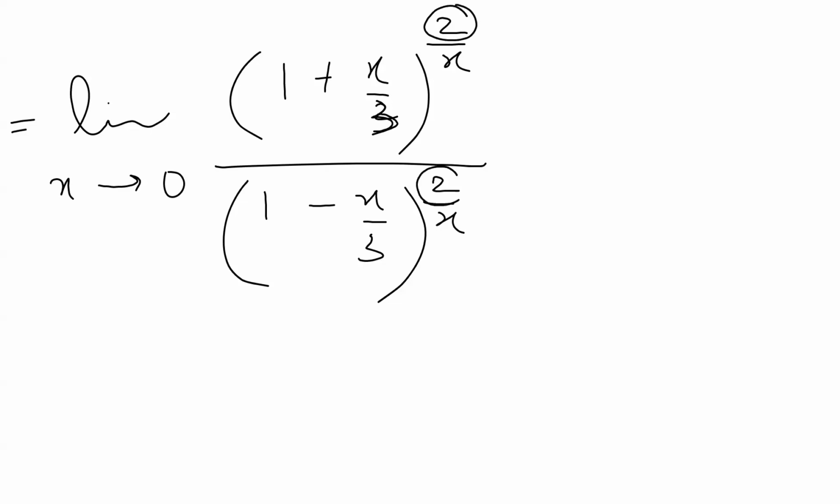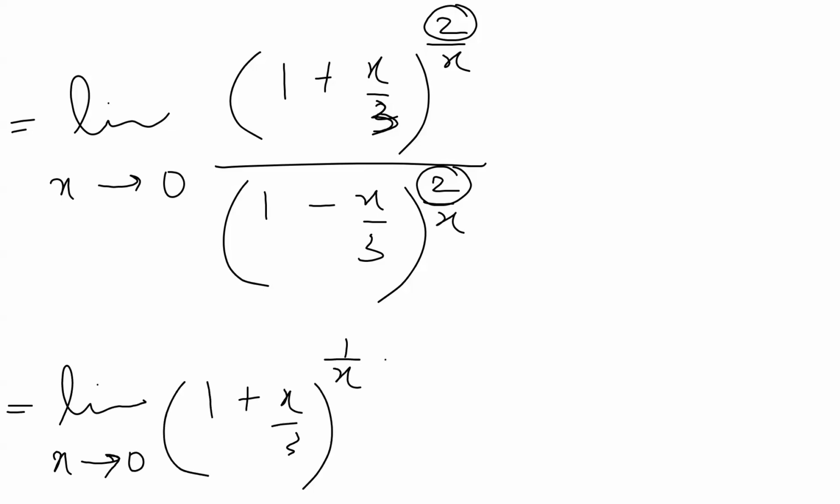Now 2 is not required. What is required over here in the formula? 1 by x. 1 is required, because it is 1 upon x. So first we are going to eliminate this 2 and make it 1. Now this is plus x by 3. What should be this value? It has to be x by 3.